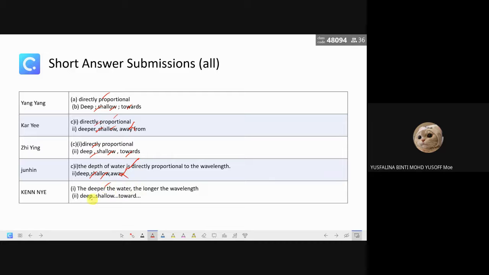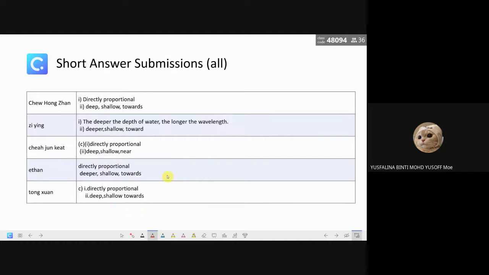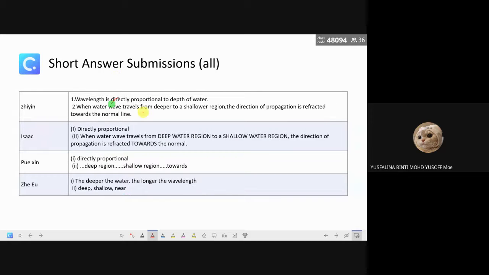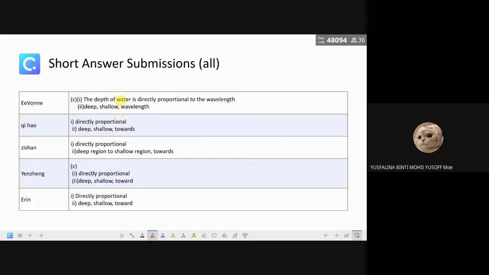Refracted near? It's not near. It should be towards. Towards. Okay, very good.